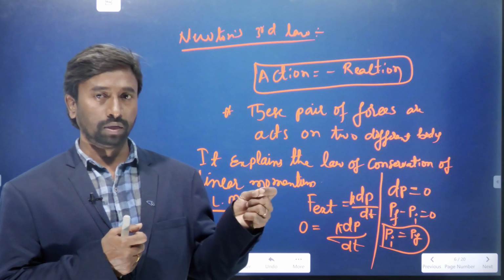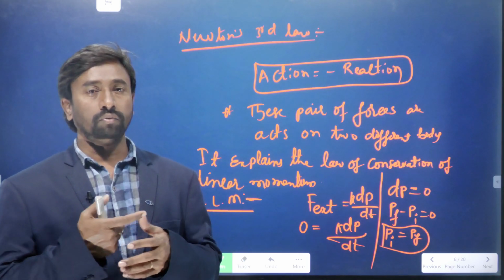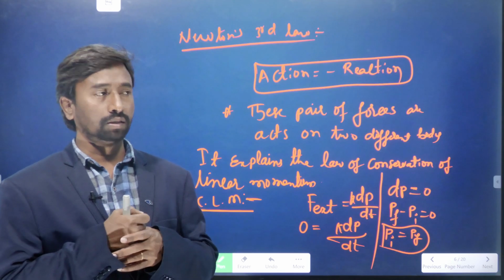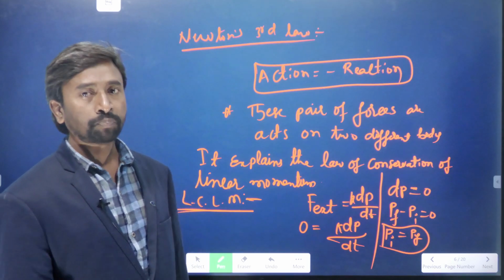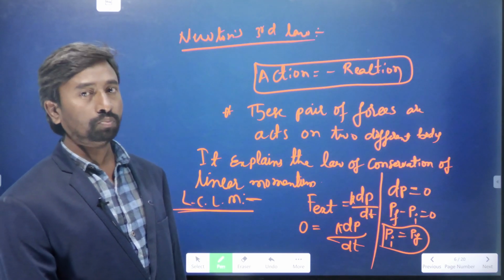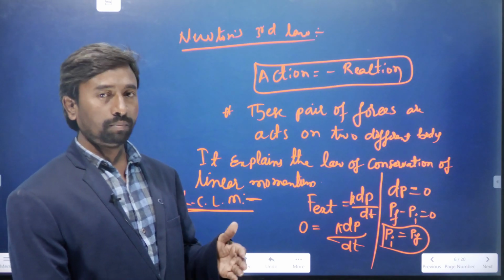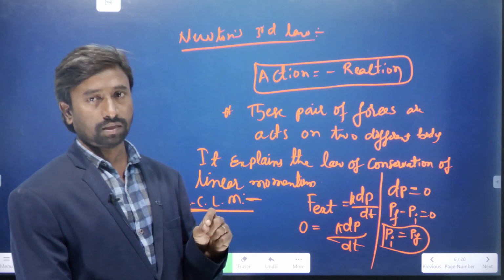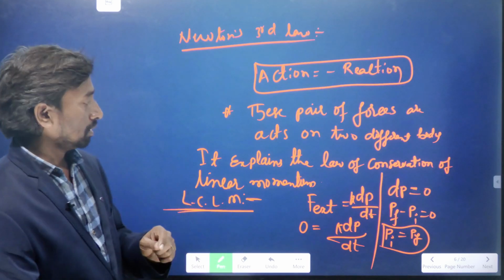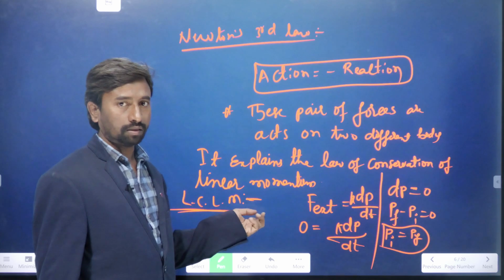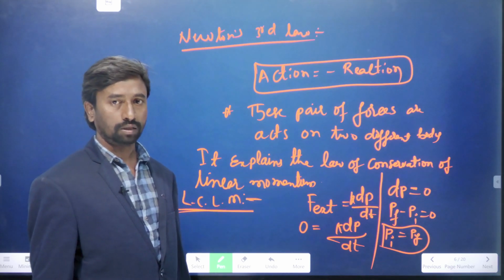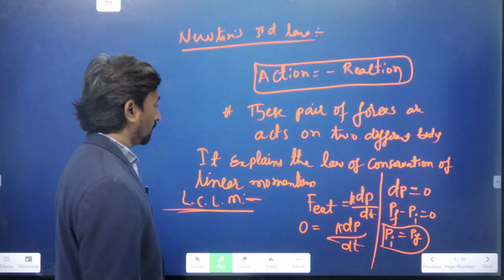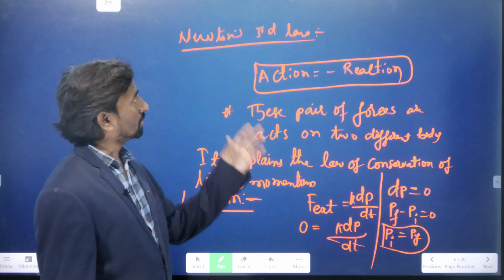When you trigger it, the bullet comes out with a certain speed and it has a certain mass, so there will be momentum. At the same time, the gun gives a backward jerk when the bullet comes out. That is due to the internal forces of the gun. There is no external force acting on it.